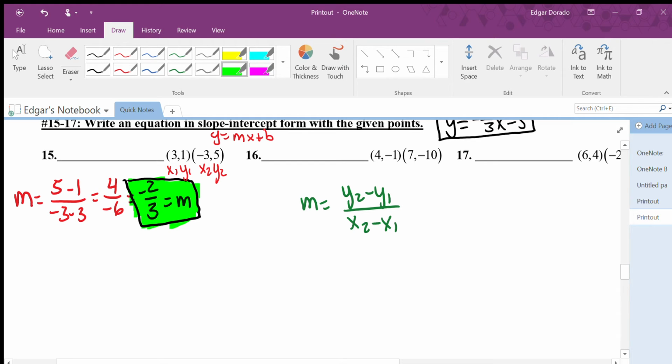Well, okay, now what? I have a slope and I have points. Wait, point and slope. So I can write something in point-slope form. So remember that one: y minus y1 equals m times x minus x1. Well, I have everything I need. I have a slope and I have an x1, y1. Let's do it.